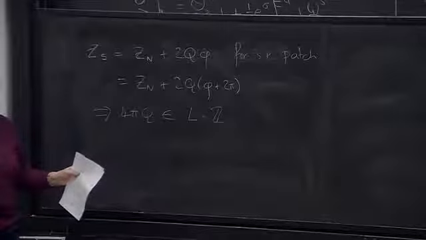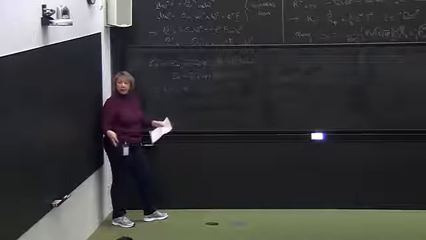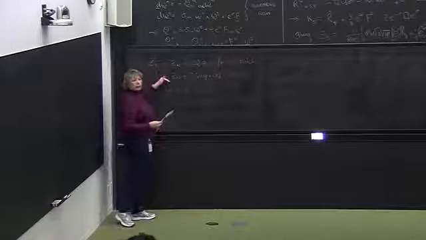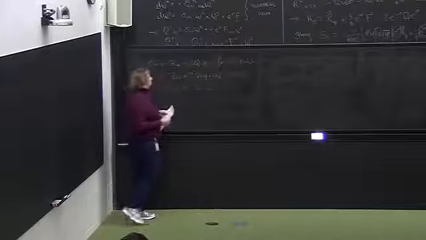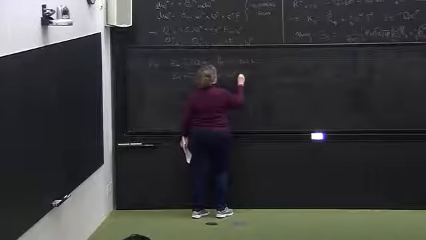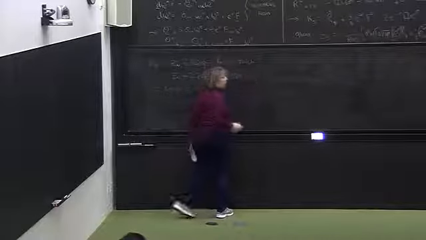So either 4 pi q is L or 2L or 3L or whatever, but I have to make sure that these 2 points are the same points. So this, if you like, has to be identified with z south plus L times n for some integer.